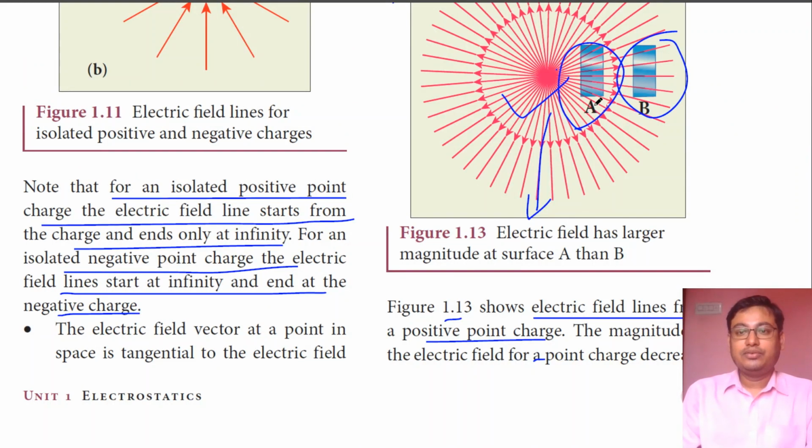If you see it clearly, the gap between the electric field lines at surface A is smaller than at surface B, and it shows the magnitude of the electric field is decreasing as we go away from the charge.